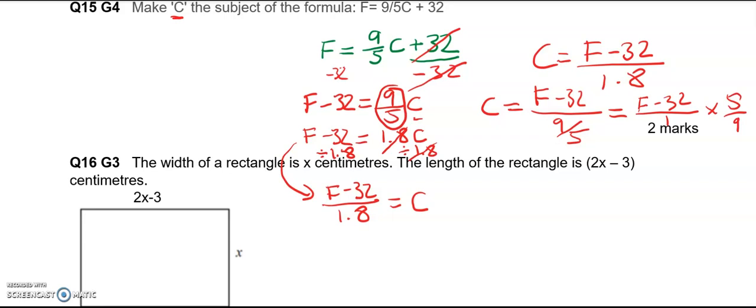So you can write this as 5/9 times f minus 32, or you can write it as 5 times f minus 32 all over 9. All of these are different possibilities, options or answers.